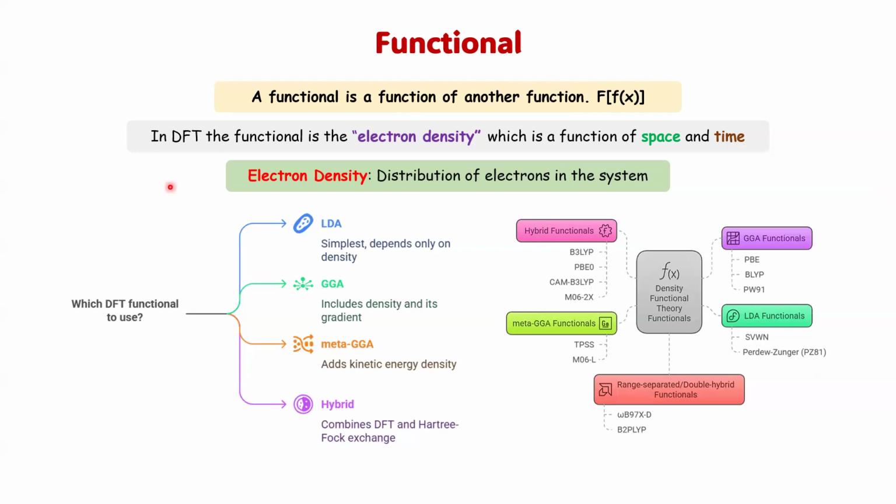So in a DFT calculation, the main functional is the electron density, which is a function of space and time.